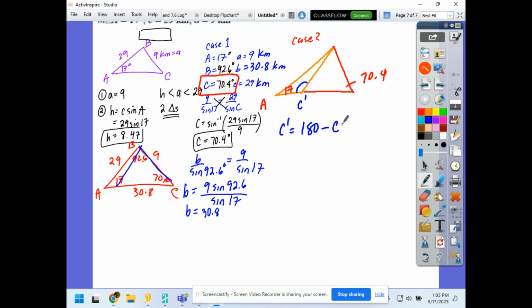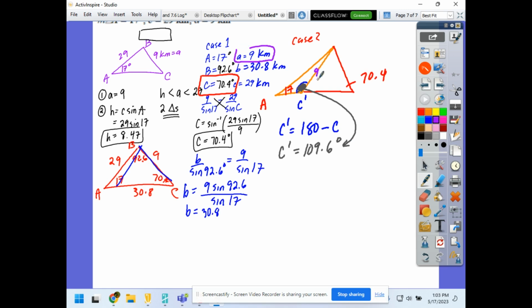So 180 minus 70.4 will give you 109.6. This new C prime is 109.6 degrees. And your side A will still be 9.